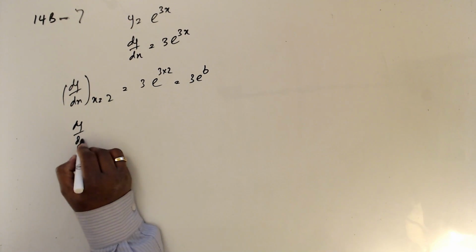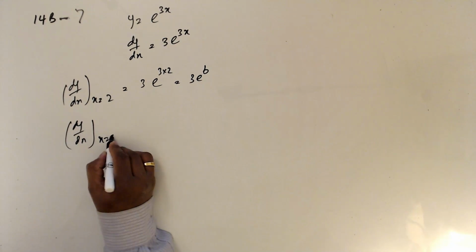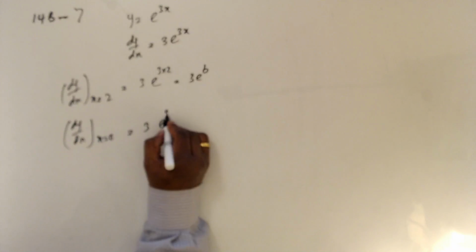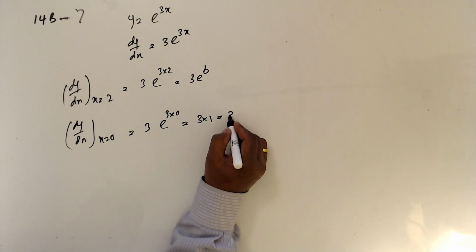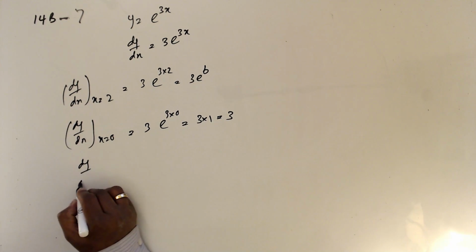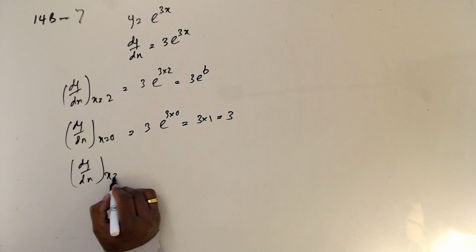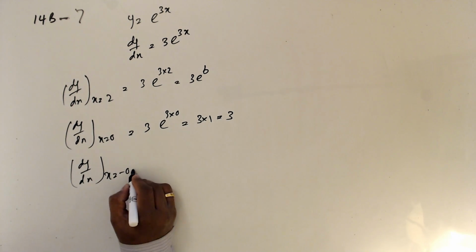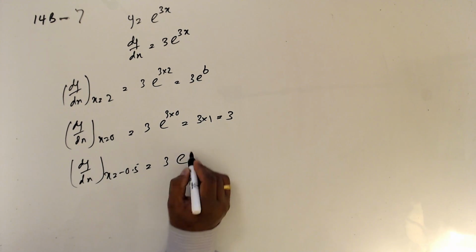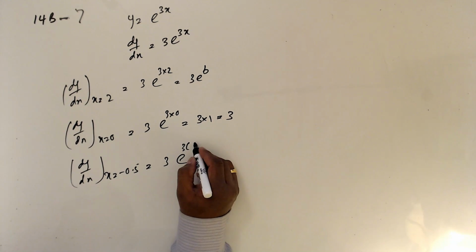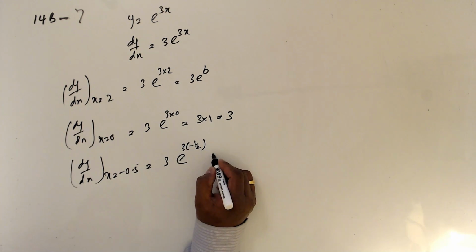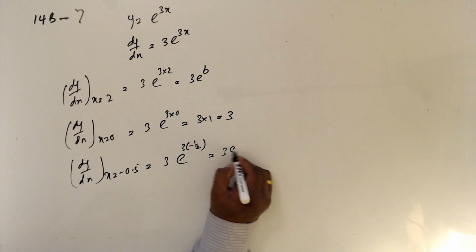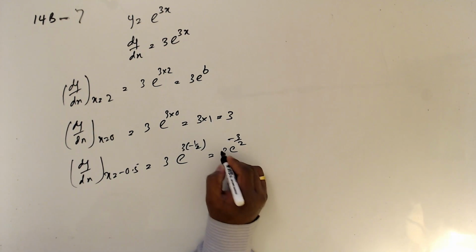So dy/dx when x equals 0 is 3e^(3 times 0), which is 3 times 1 equals 3. And dy/dx when x equals minus 0.5 is 3e^(3 times minus half), so this is 3e^(minus 3/2).